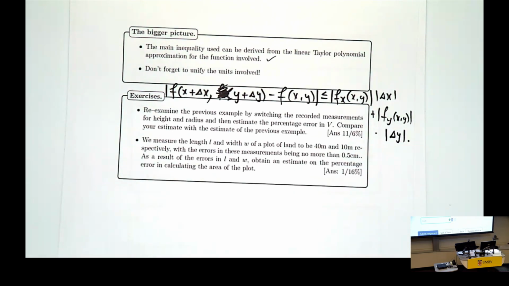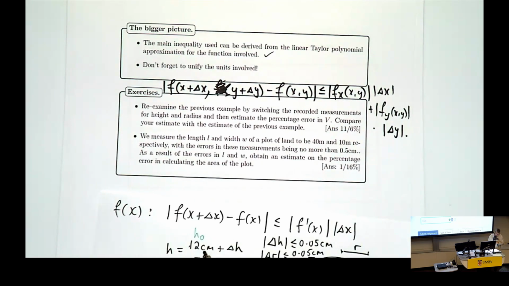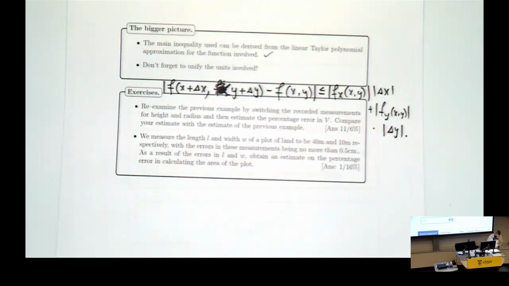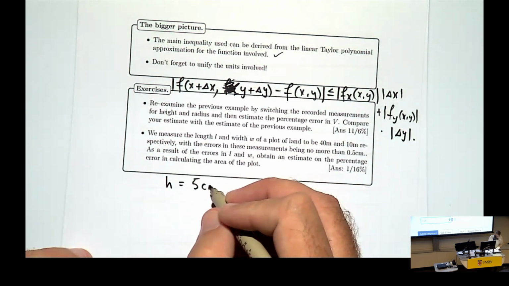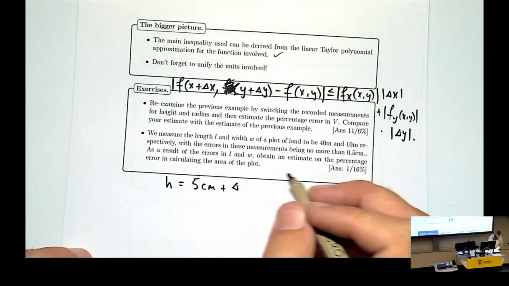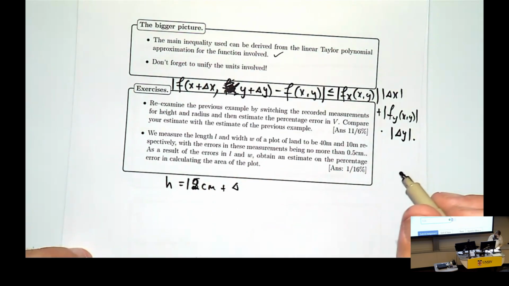Sort of squished it in. Okay? All right, so what happens if we switch up the measurements in the previous example? That's what they're talking about here. So, you know, instead of having the height be 12 and the radius be 5, you've now got about 12, sorry.